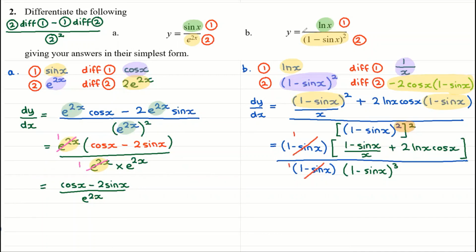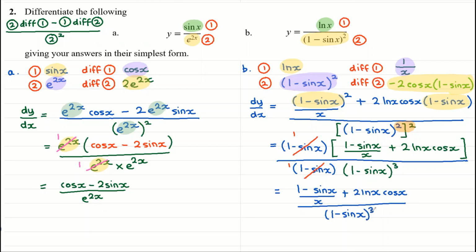So let's see how this simplifies now. So we've now got 1 subtract sine x over x plus 2 natural log of x cosine of x all over 1 subtract sine x all cubed.